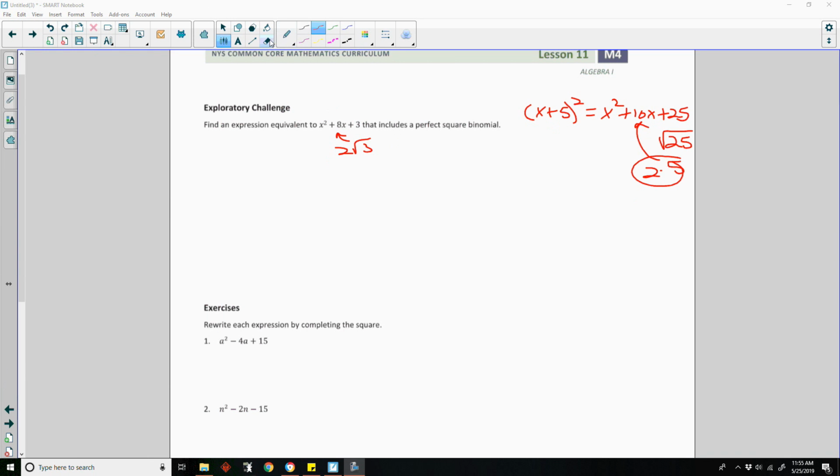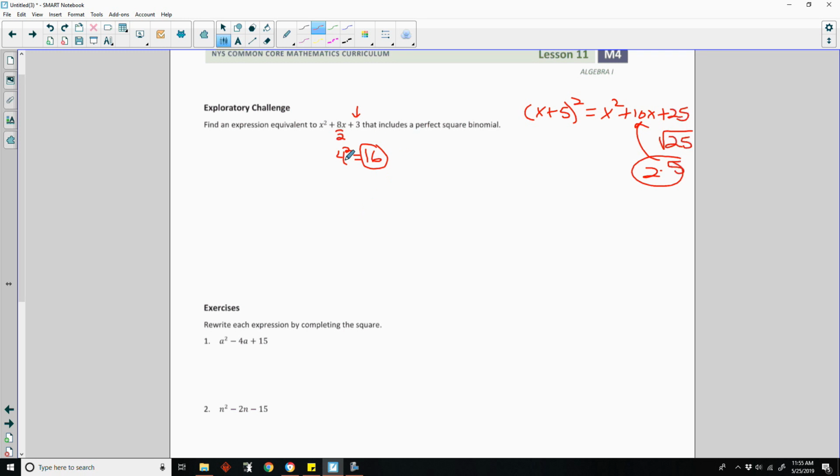So what we have to ask ourselves here is, self, what does this number have to be to give us this? In other words, 8 divided by 2 is 4. 4 squared equals 16. This is 3. I need a 16 there to make that a perfect square.